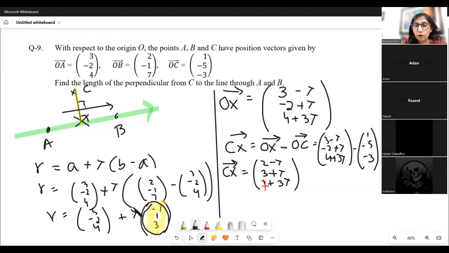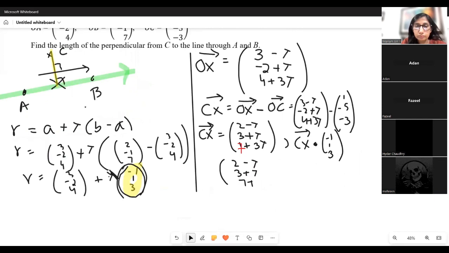So I'm going to take the dot product of CX and minus 1, 1, 3. CX is 2 minus lambda, 3 plus lambda, and 7 plus 3 lambda, and take the dot product with minus 1, 1, 3.